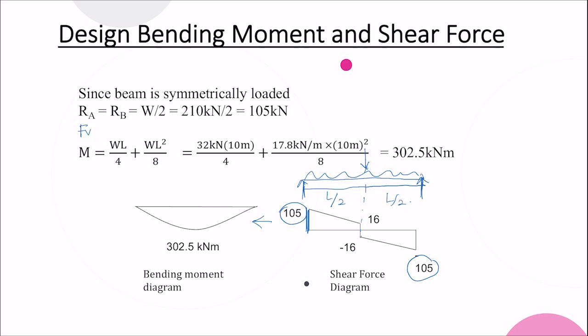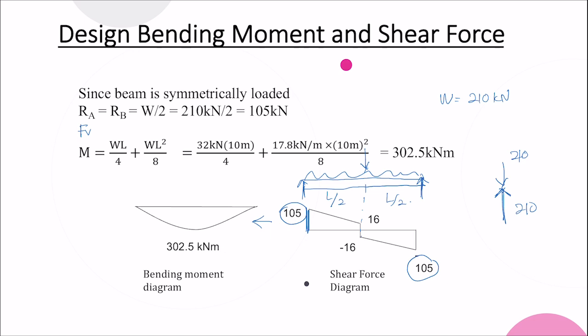Okay, so if the total load, which is W, is 210 kilonewton, therefore all the load going down must be supported. So it will react. So the reaction is going to be the same value. If the total load going down is 210 kilonewton, the total reaction at the support is going to be similar to the total load.